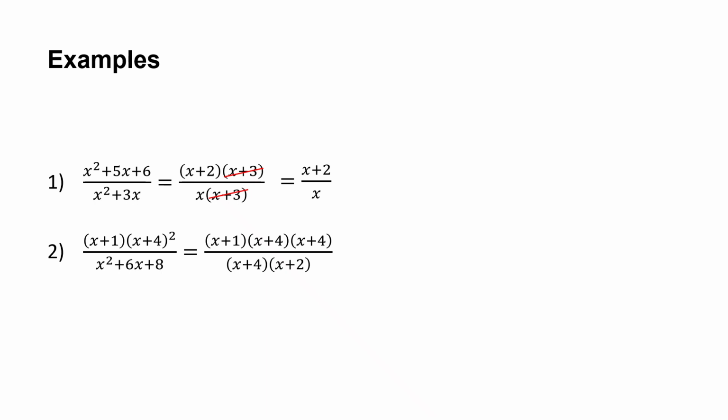And then we can factorize the quadratic in the denominator as x plus 4, x plus 2. And now you can see that we've got an x plus 4 term on the top and the bottom, which are going to cancel out. And that leaves us with x plus 1, x plus 4 divided by x plus 2 as our answer.